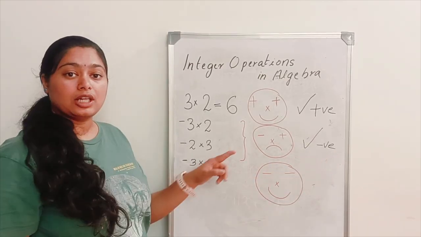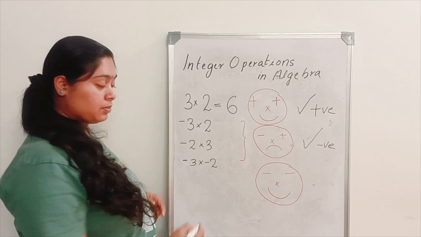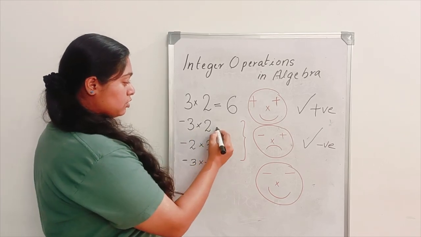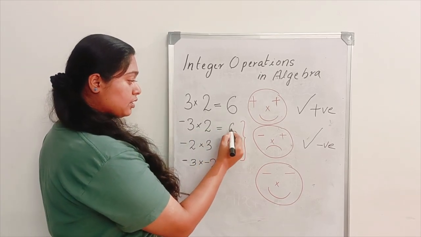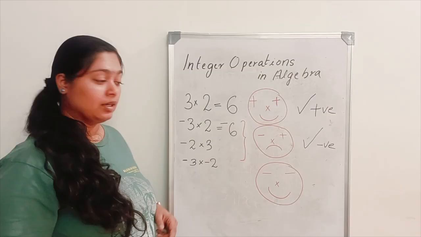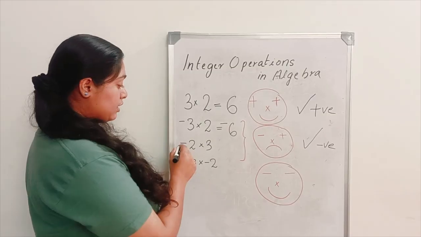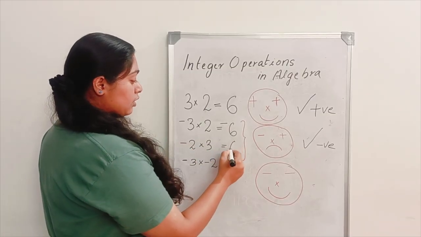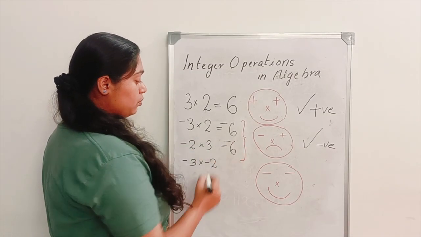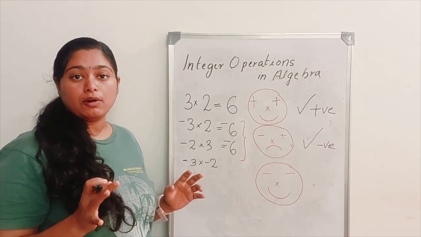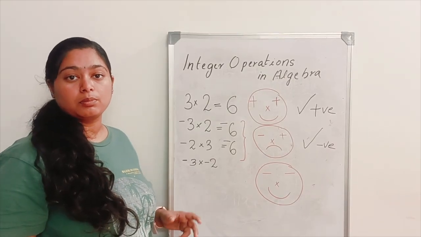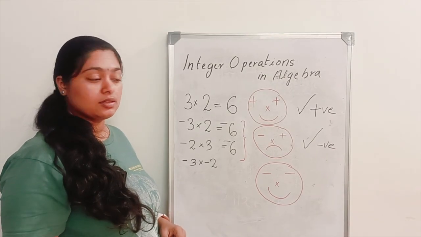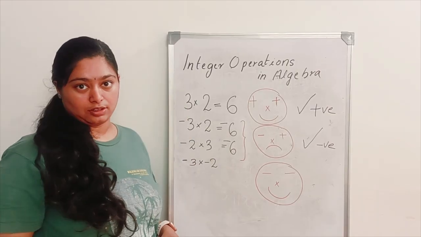So this rule can be applied for these two concepts. Negative 3 into positive 2, the answer will be 6, but make sure you put a negative. And the same goes for the third one. Negative 2 into 3, the answer is 6, but make sure you put a negative. Here you don't have to worry about the bigger number or small number. If there is one negative in the question, please put the negative.